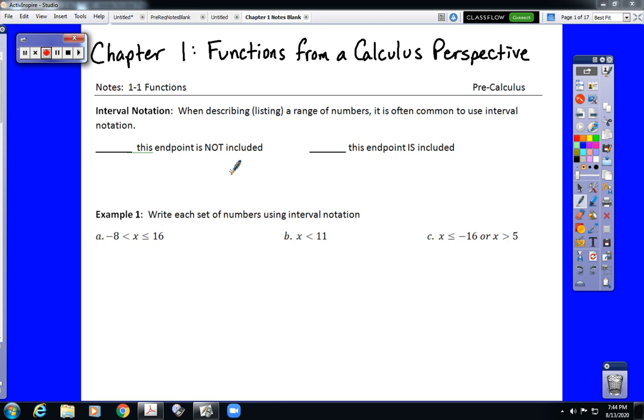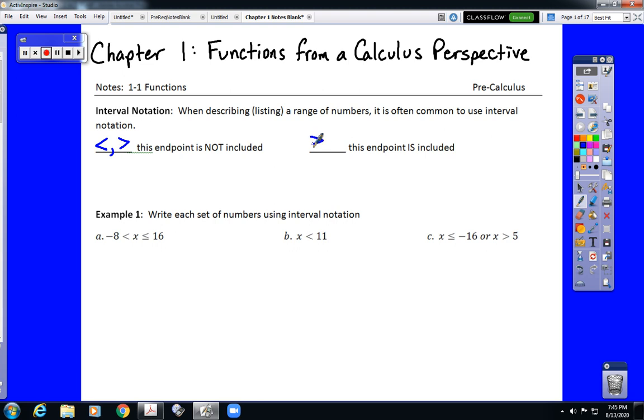notation. Okay? So when we're doing interval notation, what we're talking about is we're taking what we're used to, which is seen on this screen down at the bottom, these inequality notation, and we're turning it into an entirely different type of notation. So first off, when you have a greater than or a less than symbol, that endpoint is not included.